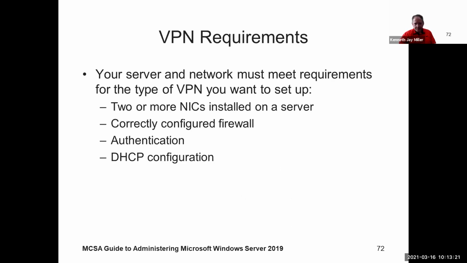All right. Now, in order to use a VPN, or to do any of these routing features for that matter, we need to have 2 or more network cards installed on our server. So that's one of the things we're going to have to do in today's lab: one, in VMware ESXi, create another network.